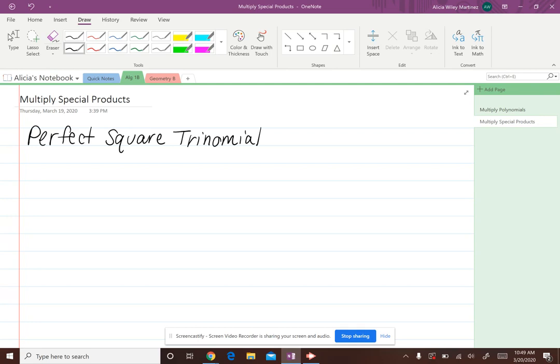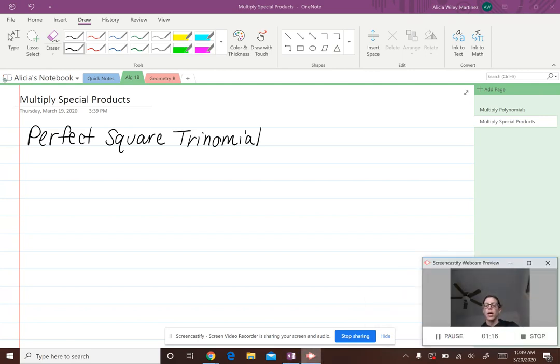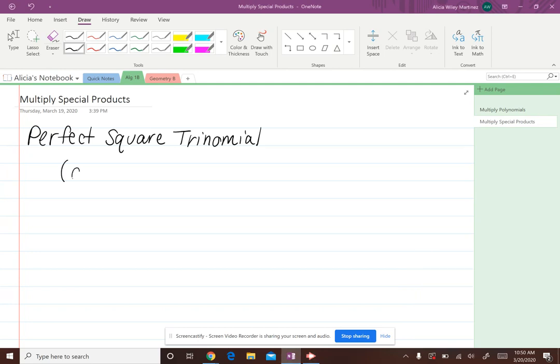We've seen this before, like we've actually done this before. It's whenever you have a binomial. So let's take something like a plus b and raise it to the second power. This is what we call a perfect square.